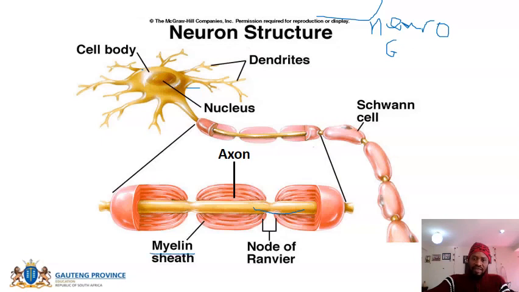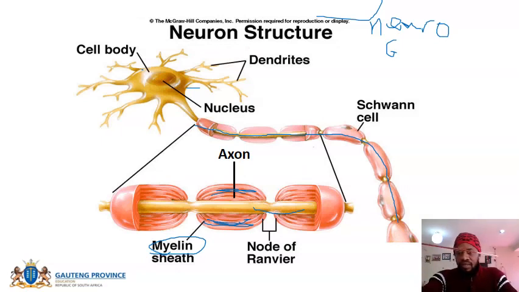The whole axon fits inside this fat substance all around it, just as how a sword, my sword here, this is my axon, fits inside its sheath.